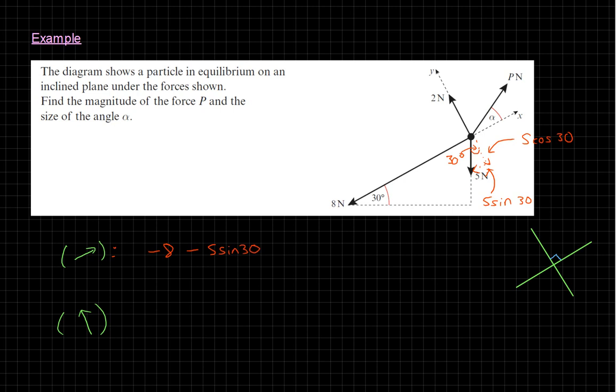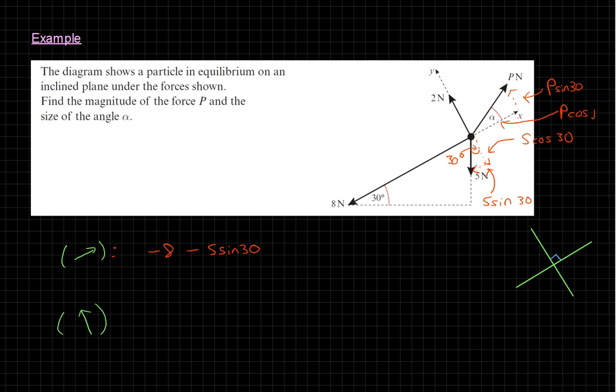And we've got here, we're going to have to label these as well. Sorry if it's a bit messy. That one there is P times sine 30, and this one over here, that component, that's P, oh sorry, why did I say 30? It's alpha, isn't it?